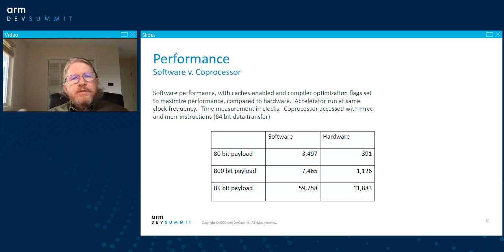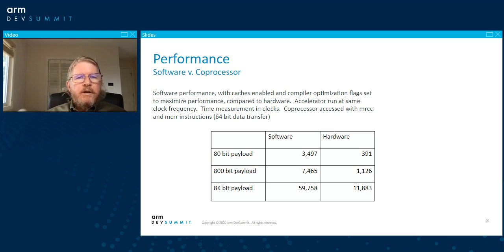Now, the performance that we were able to achieve, here we looked at how long did it take to compute this SHA-256 hash algorithm, purely running it in software, where we had enabled all the caches, set the compiler optimization flags to run as quickly as possible to maximize performance. And we compared this to doing the exact same computation using the coprocessor accelerator that we created using high-level synthesis.